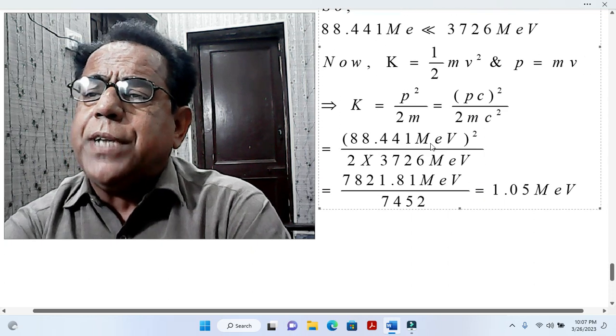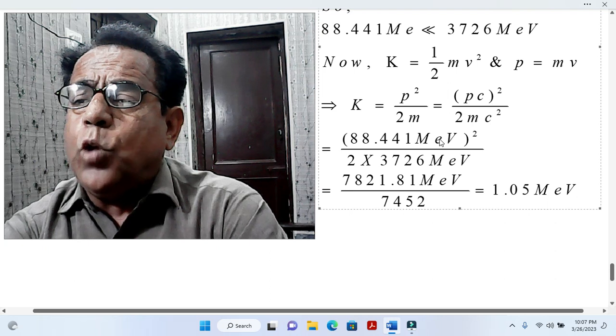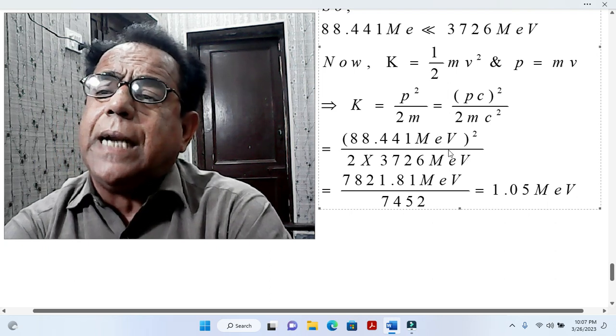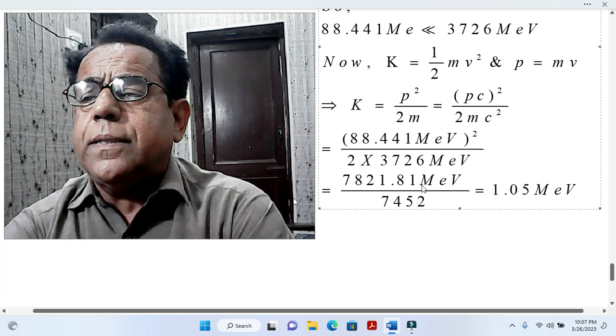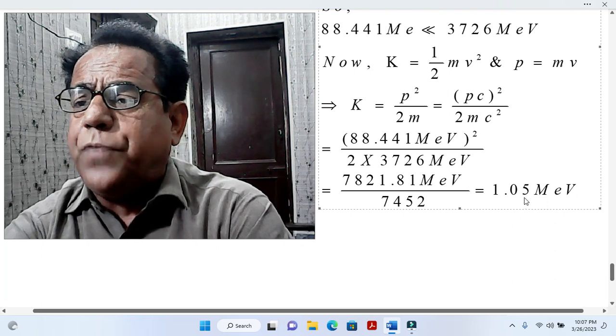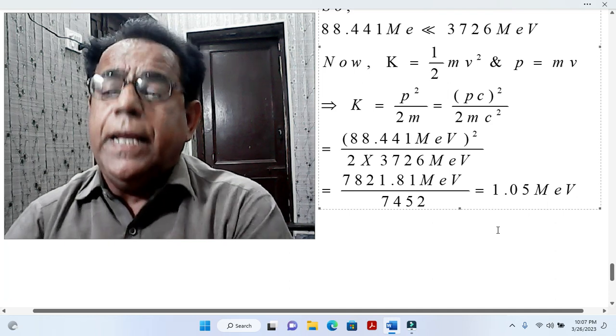So we just put these two values, and hence million electron volt will be cancelled with million electron volt squared, and only 1 million electron volt will be left in the numerator. After simplifying we get the result 1.05 million electron volt, and this is the solution of part C.